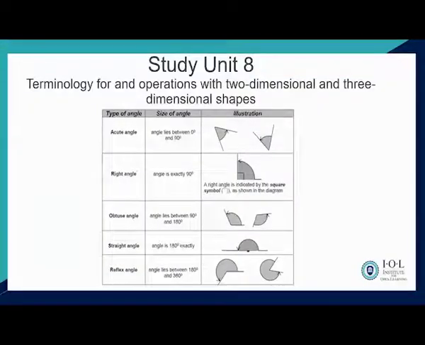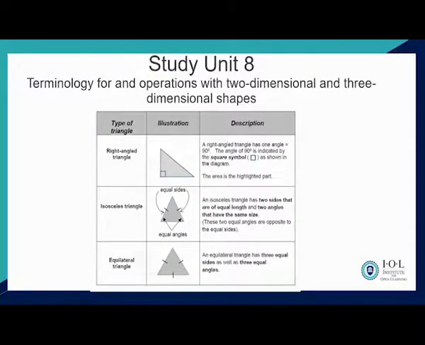It's only 90 degrees. It's not 90 degrees Celsius. It's two different things, please. Obtuse angle, that is between 90 and 180. A straight angle is 180 degrees exactly. And the reflex angle, that is more than 180. You must know the differences between all those angles, please.